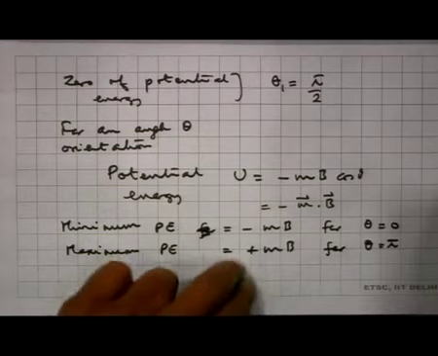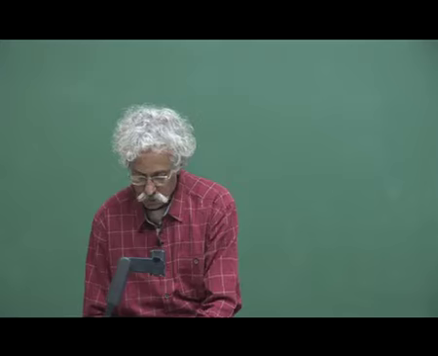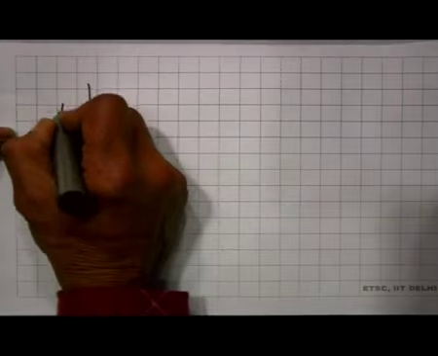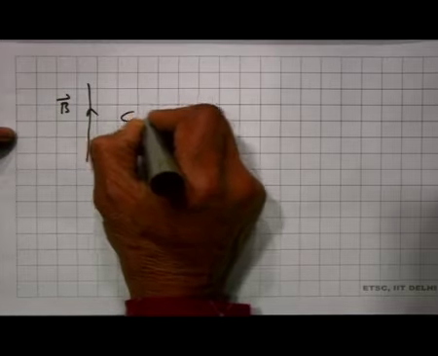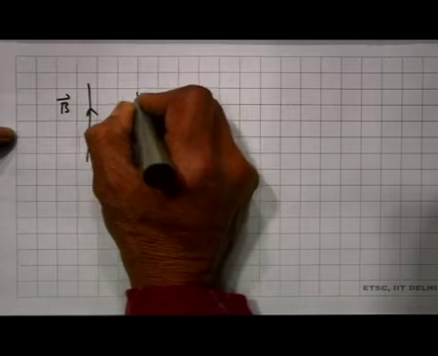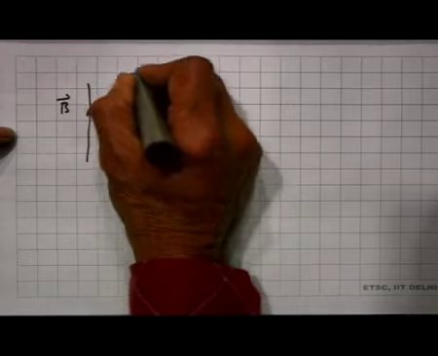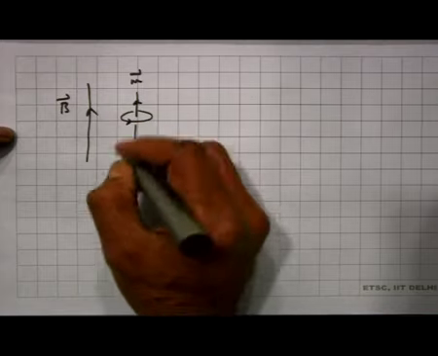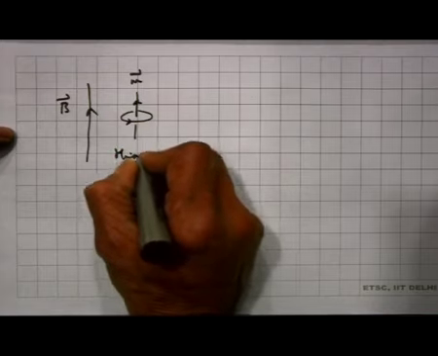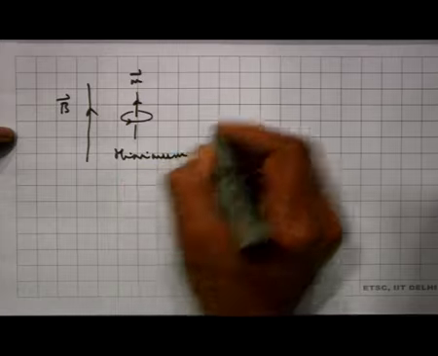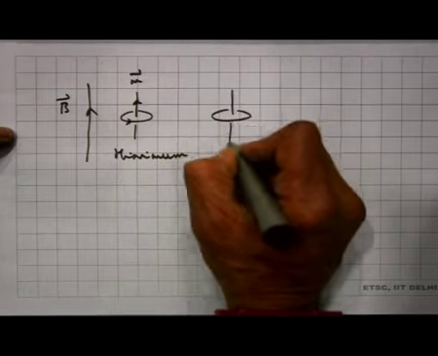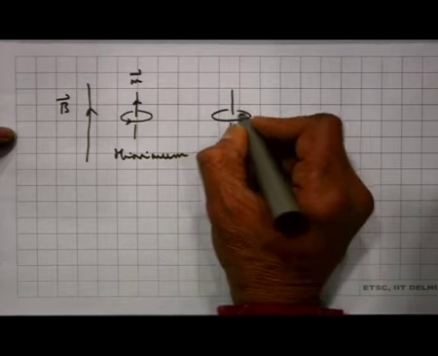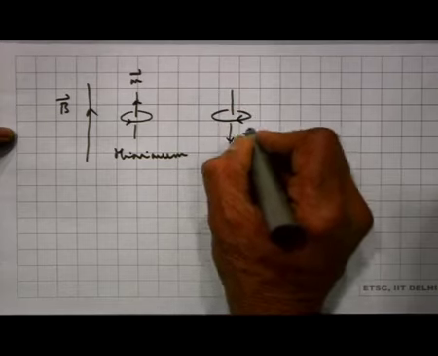So, let me draw a figure here to show you. If I have a magnetic field pointing up, and if you have a dipole like this, current flowing like this, then minimum, and if I have current flowing in the opposite direction with m like this, then maximum.